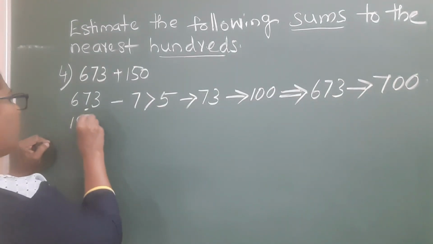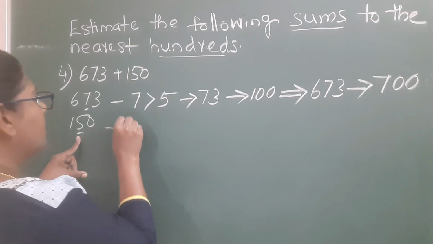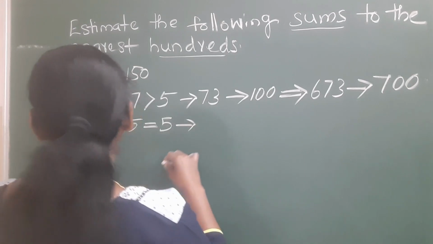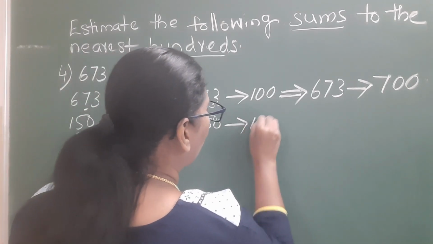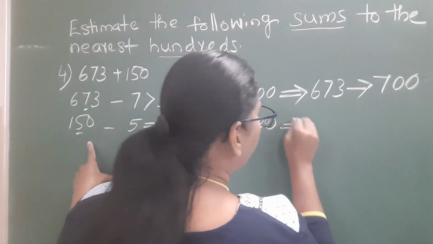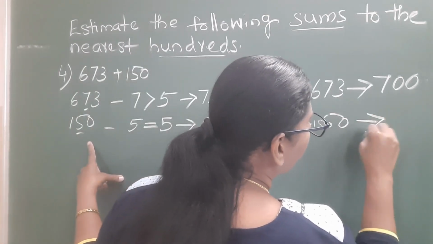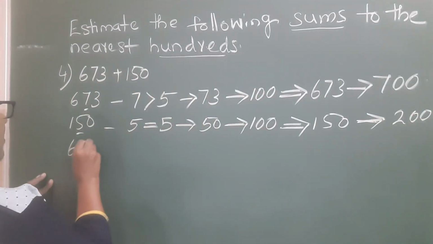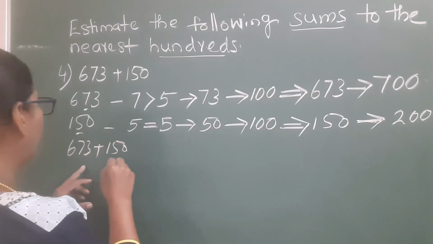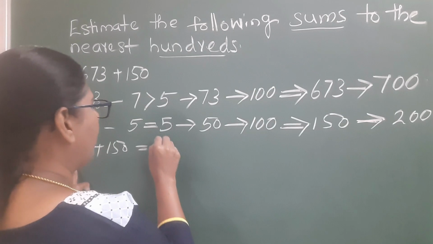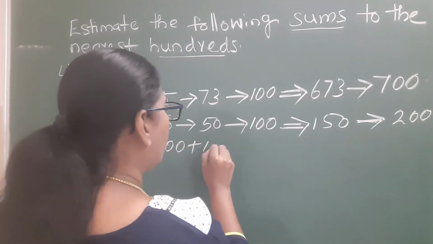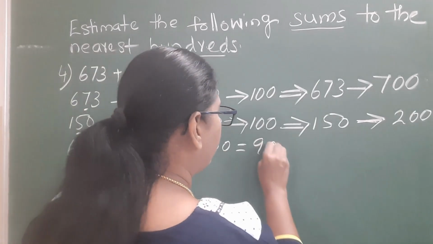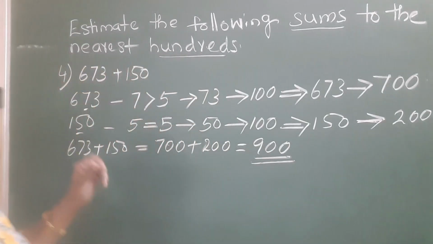Next one is 150. 5 is in tens place. So 5 is equal to 5. So 50 rounds off to 100. So 150 rounds off to 200. 673 plus 150 is equal to 700 plus 200 is equal to 900. We got the answer.